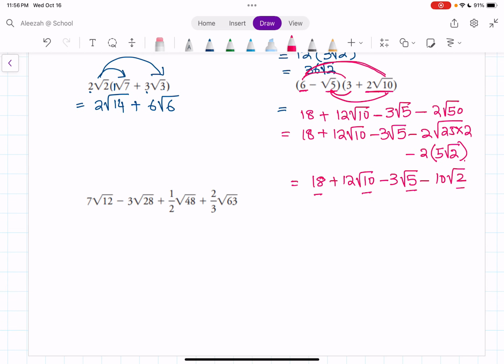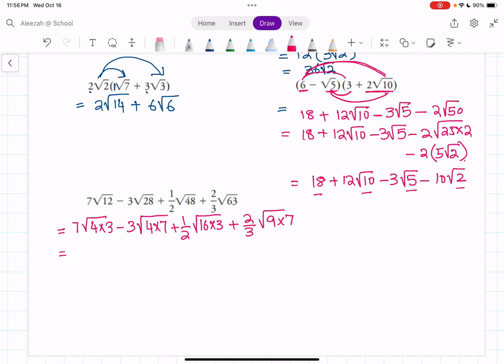Okay, the last question is, again we have to simplify, it is adding and subtracting, but first we have to simplify the radicals in the lowest term. So the first is 7 square root of 12. 12 means 4 times 3, minus 3 square root of 28; 28 is 4 times 7, plus 1 over 2 square root of 48; 48 is 16 times 3, plus 2 divided by 3 square root of 63, and 63 means 9 times 7.